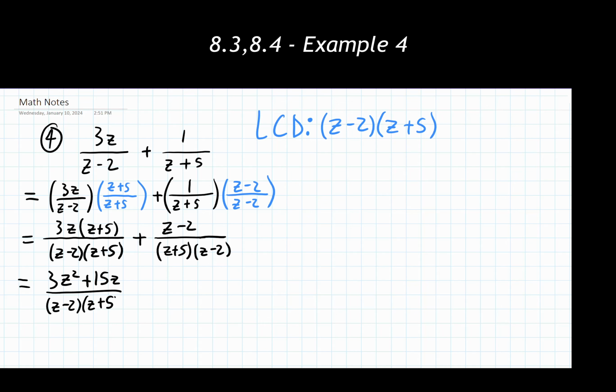Oops. There we go. And nothing's changing with the second rational expression. So I'm just rewriting that exactly as it was. And now I'm following step 4 of adding and subtracting the numerators together to create a single rational expression.